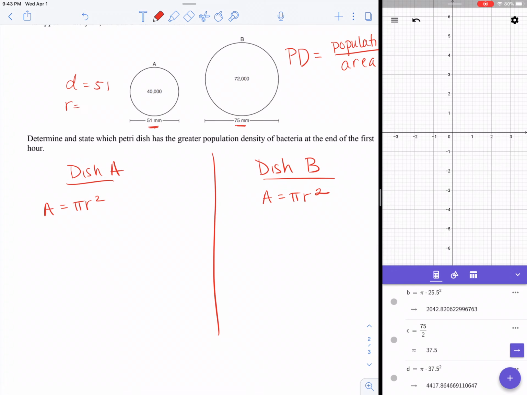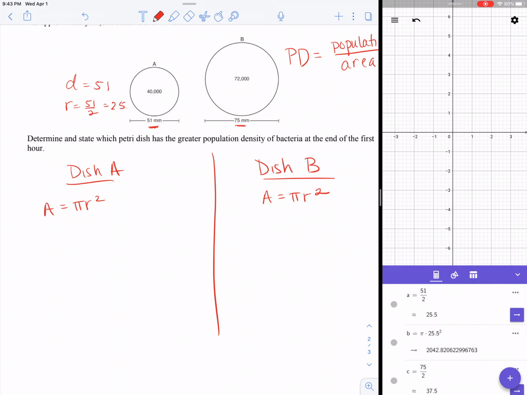So how do we get the radius? Divide that by 2, which I already did over here, and got 25.5. So when I'm getting the area, I'm going to put that 25.5 in, square it, and I already got it in my calculator over here, that is 2,042.820 for my area.